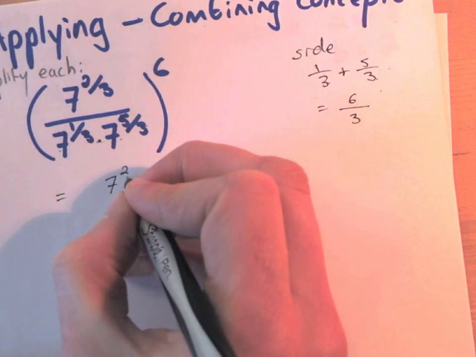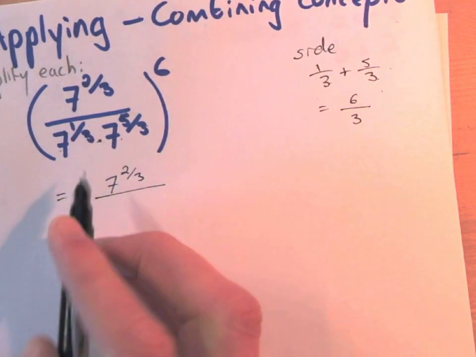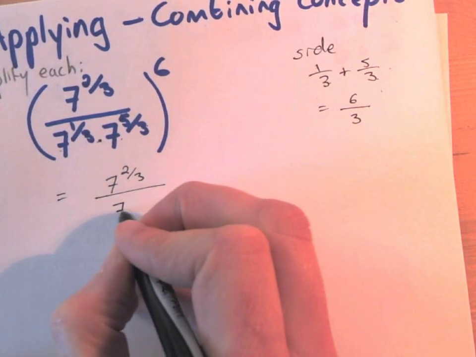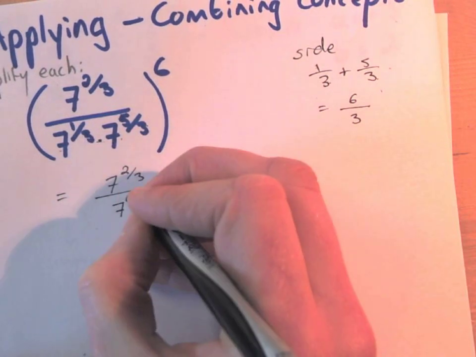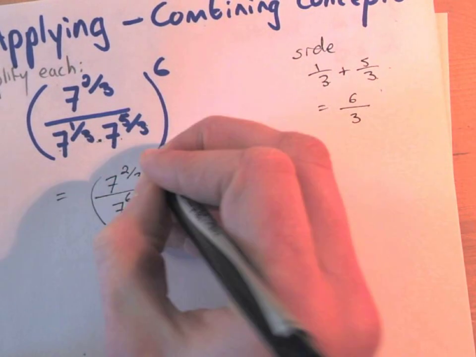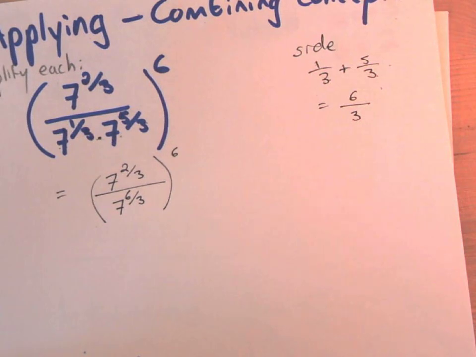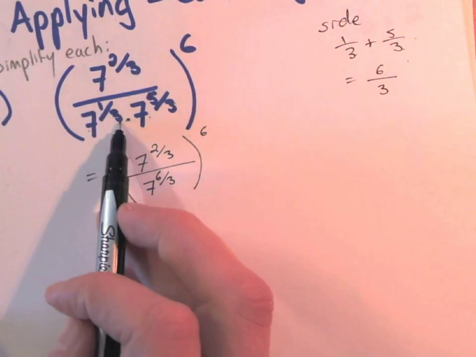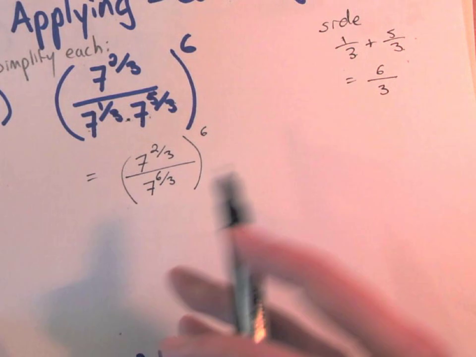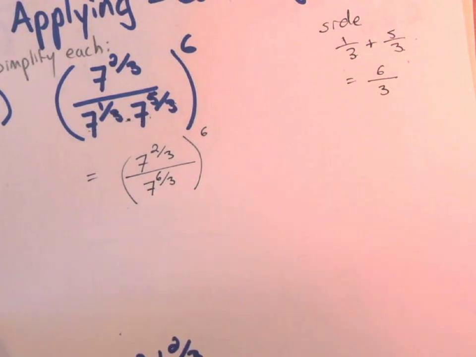I'm just going to rewrite the top 2 over 3, and the bottom is now the same base, but it's 6 over 3 because we added those 2. Now I'm going to keep everything else the same. So now it's simpler. I said that 7 to the 1 over 3 times 7 to the 5 over 3 is the same as 7 to the 6 over 3. That got rid of a base.